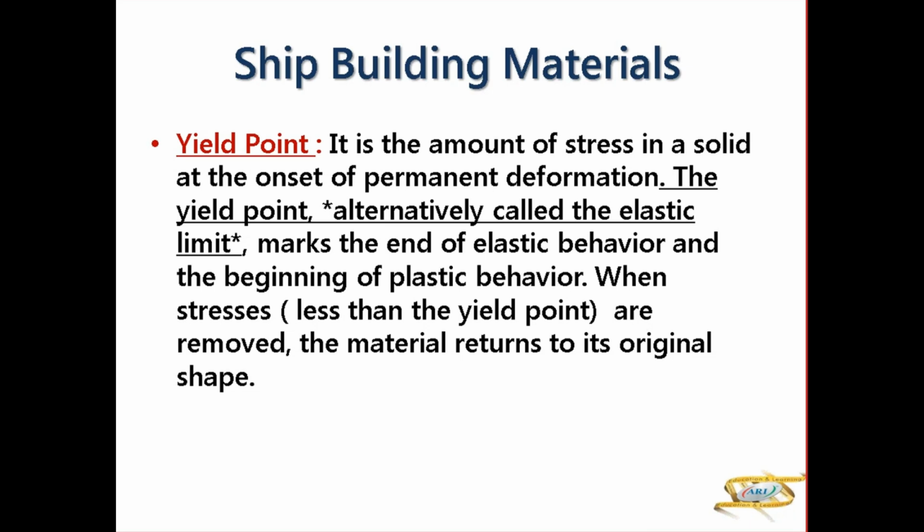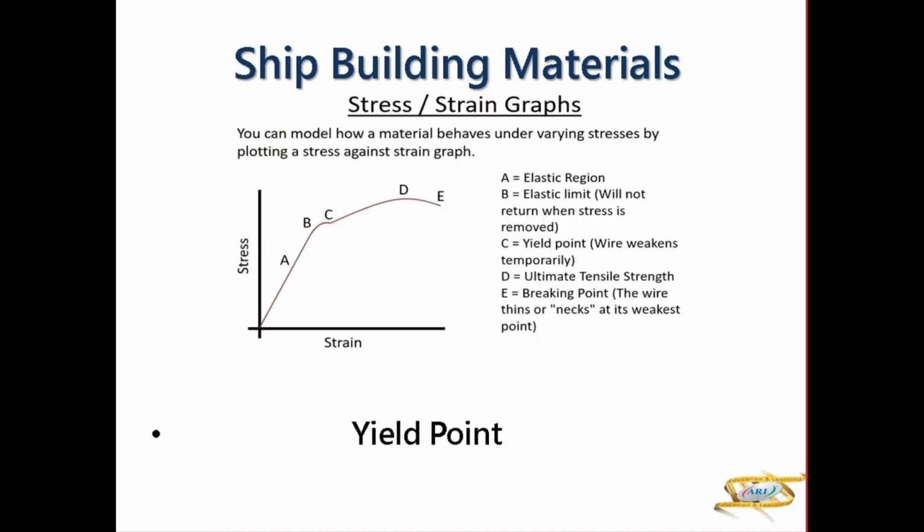It is also known as the elastic limit, as your elastic behavior ends and your plastic behavior starts. Within your yield point, if the load is removed, it will come back to the original shape. So here you have A, which is the elastic region, B is the elastic limit, C is the yield point, D is the UTS, and E is the breaking point.